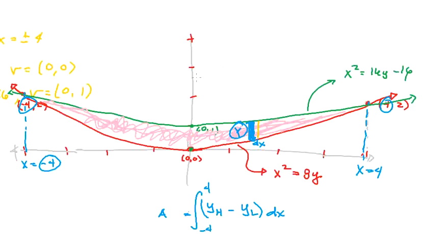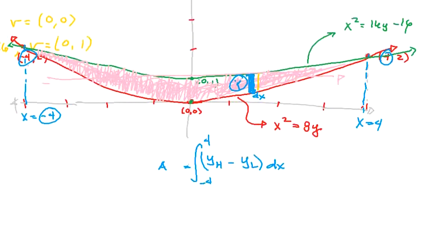Okay, we're going to compute the area using the y strip, or the vertical strip, from -4 up to +4. So let's substitute the value of the function of x in our higher curve.